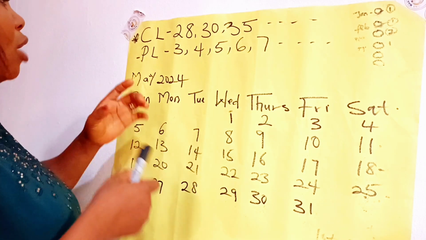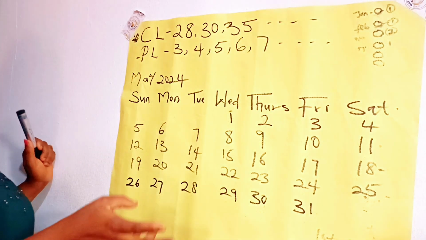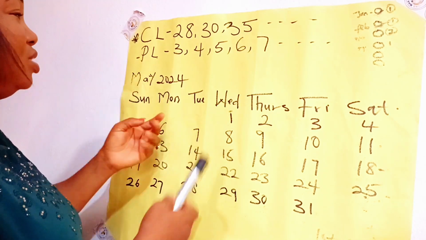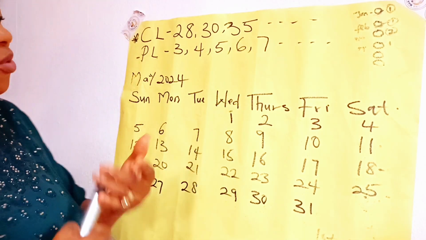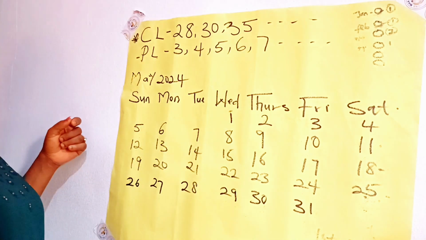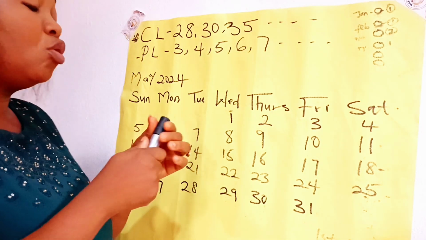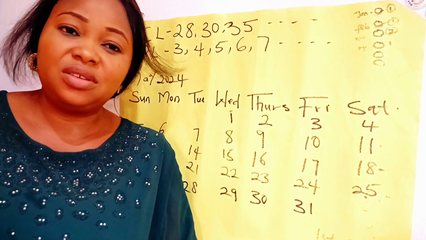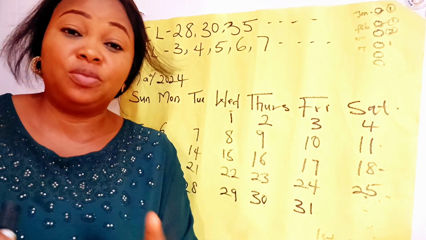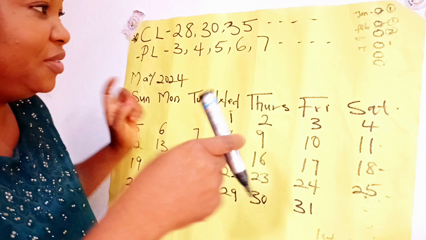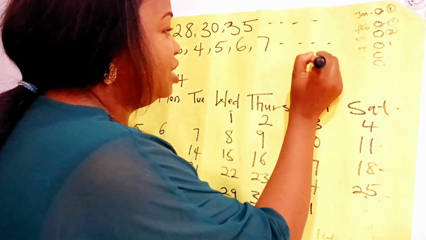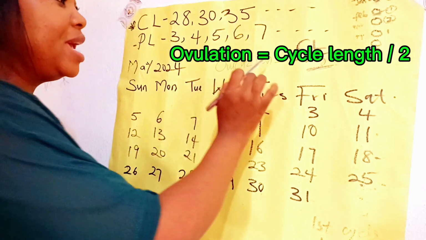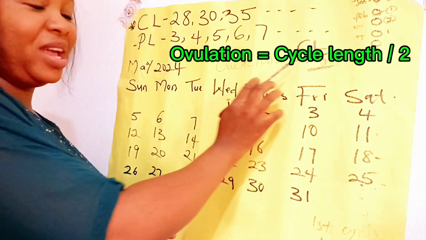We're going to be using a 30-day cycle for our example, or let's use a 28-day cycle as an example. Now, just know that when you know your cycle length, I want to give you the formula of ovulation. Cycle length divided by 2 is the formula of your ovulation. The formula for ovulation is equal to cycle length divided by 2.